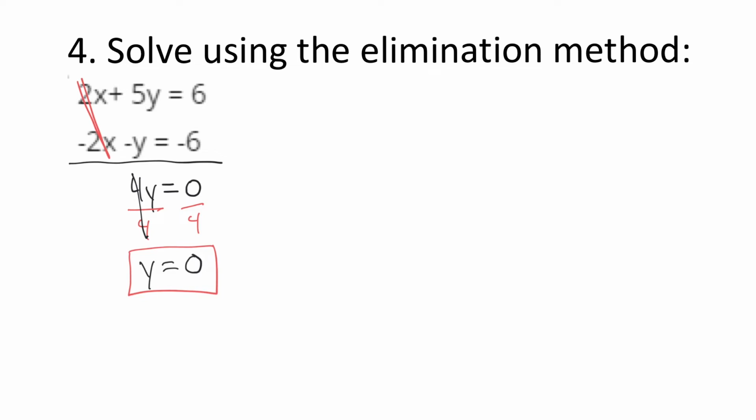So you guys need to go back and substitute the y, the 0 into the y. Doesn't matter which equation, you can use the bottom or the top, and you solve for x. I'm going to use the top equation. So I'm going to put a substitute here. We have 2x plus 5y equals 6. You substitute the 0 into the y.